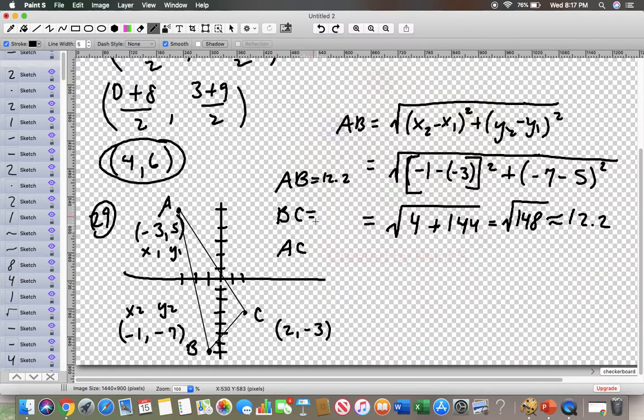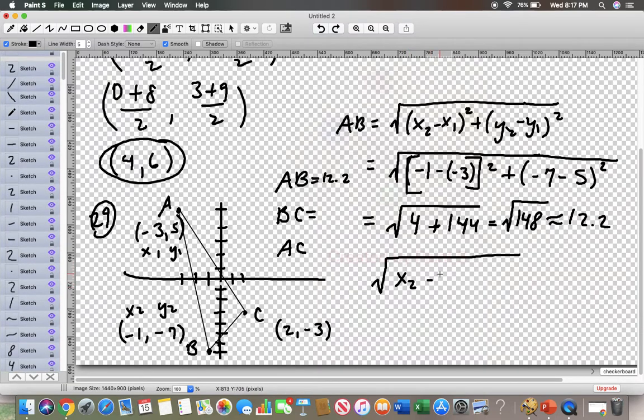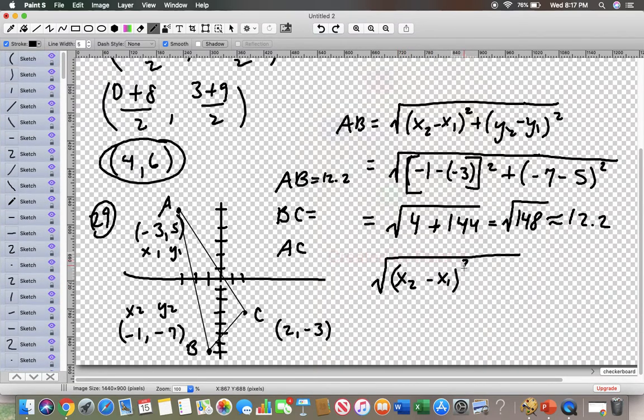Now let's find the distance between B and C. Again, I'm going to plug it into our distance formula. That's x sub 2 minus x sub 1 squared plus y sub 2 minus y sub 1 squared. I've already gotten letter B here labeled as x sub 2 and y sub 2, so let's label these as x sub 1 and y sub 1.